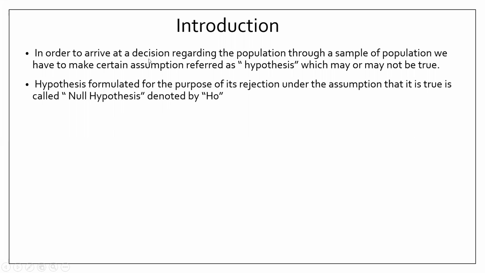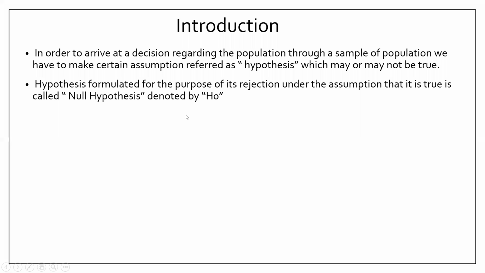In order to arrive at a decision regarding the population through a sample of the population, as we have spoken about enough, we have to make certain assumptions called a hypothesis, which may or may not hold true. So a hypothesis is formulated for the purpose of its rejection.